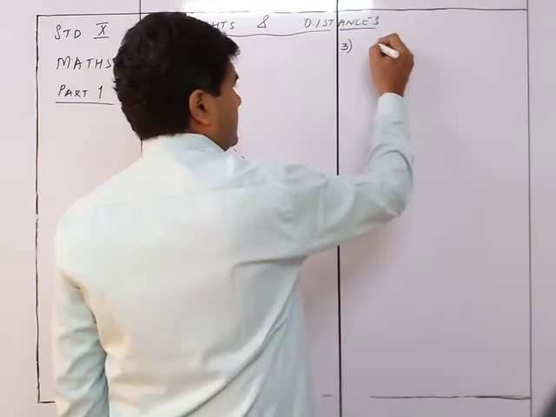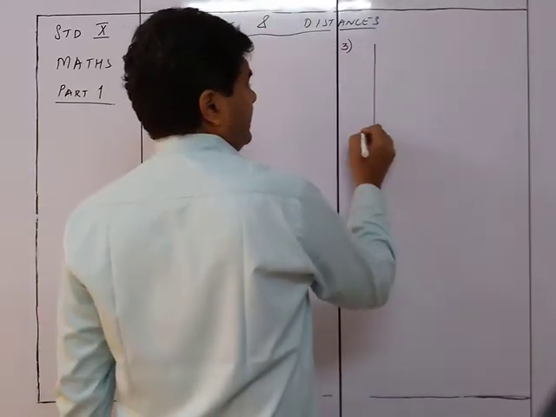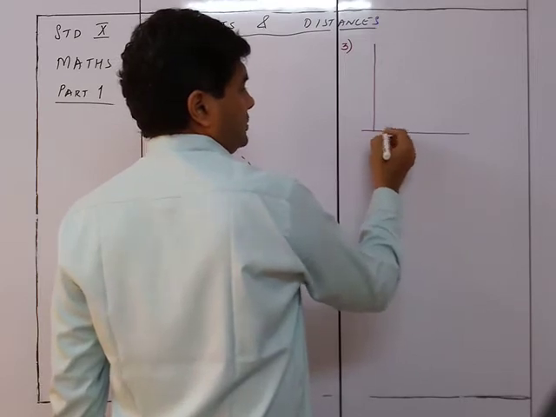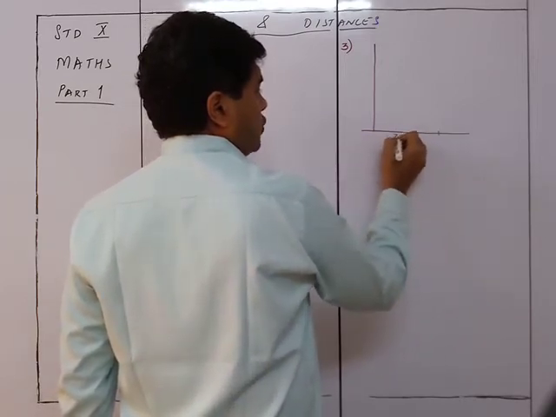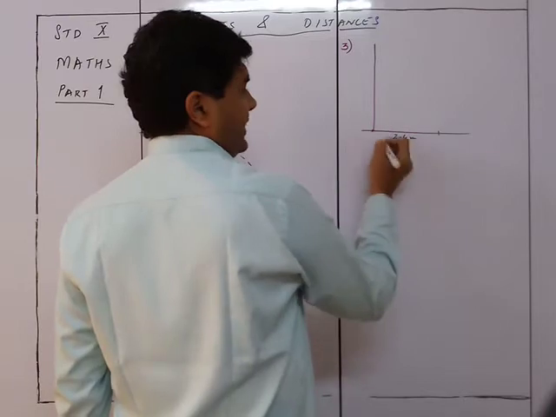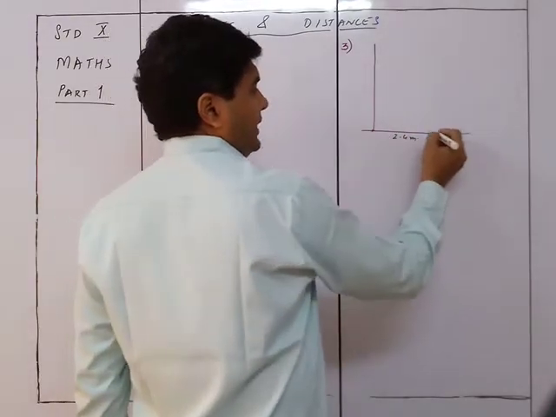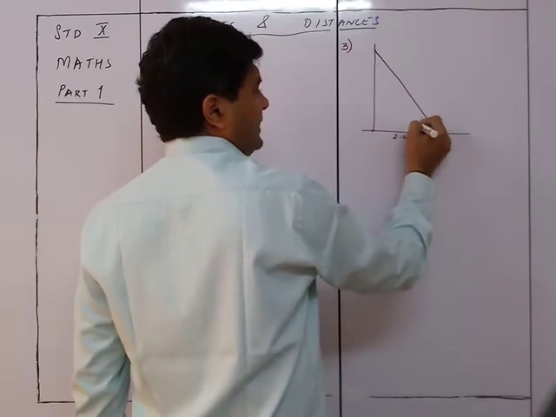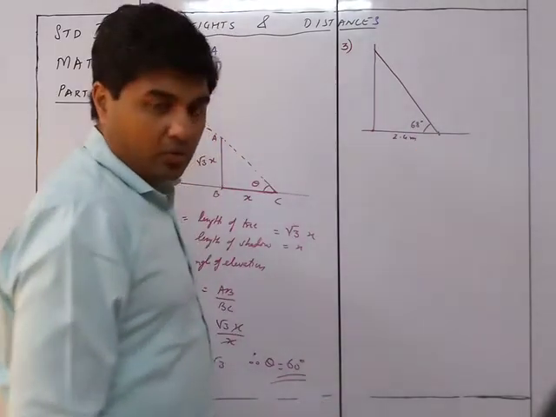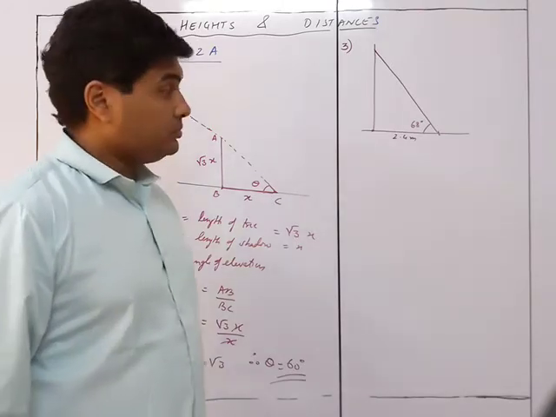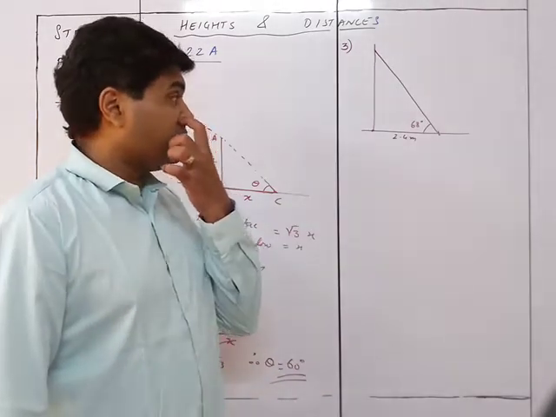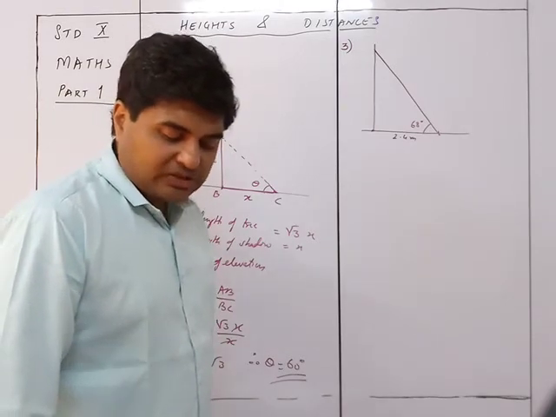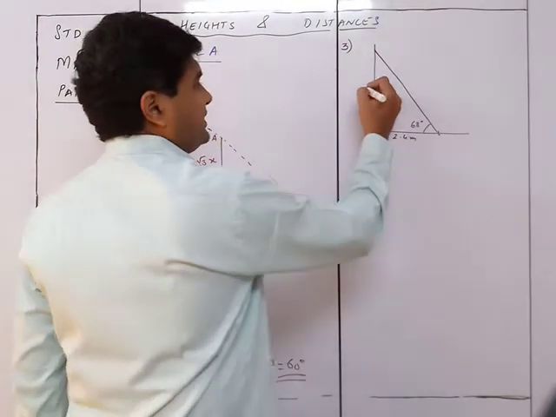So it is given that this is the wall, this is the ground. The ladder is placed at a distance of 2.4 meters from the base of the wall and it is making an angle of 68 degrees with the ground. This is the figure. What is important is the figure. Find the height up to which the ladder reaches. So you need to find out this h.